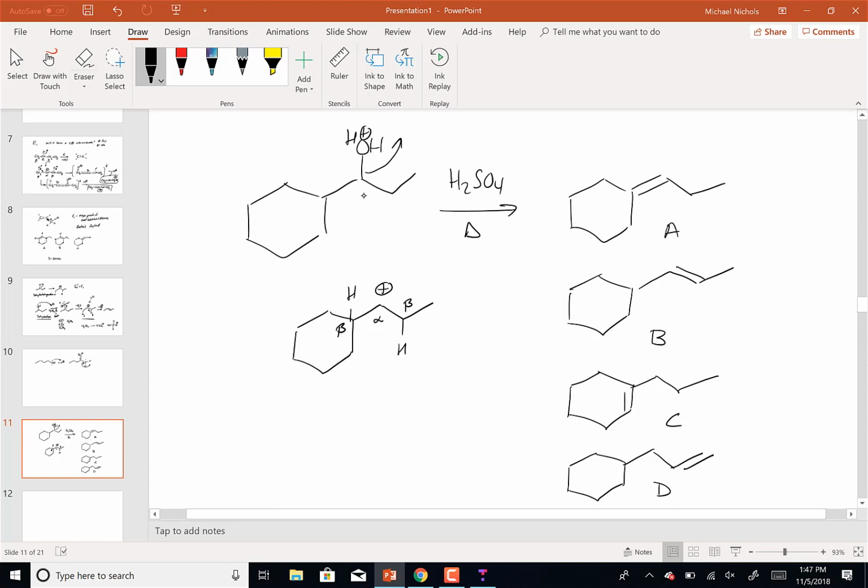So which one is more substituted, A or B? A, because it has how many groups? It's got 3. How about B? B has 2. So A has 3 alkyl groups attached to the double bond. It's more stable. And so in this case, the major product without rearrangement is A.